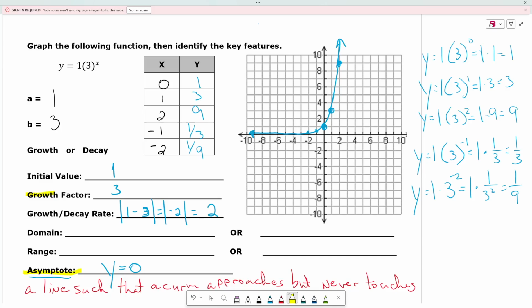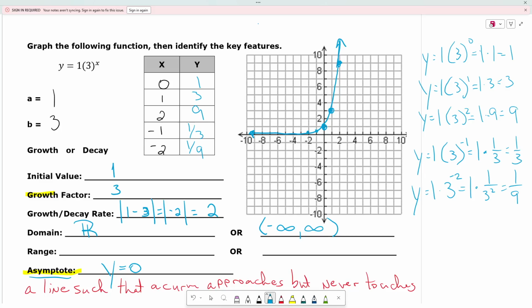is 2. Now my domain has no restrictions on it. Therefore, we can say that it is all real numbers, and we can use our little symbol that looks like this, or you could write it as negative infinity to positive infinity. My range does have a restriction, because remember we have our asymptote.